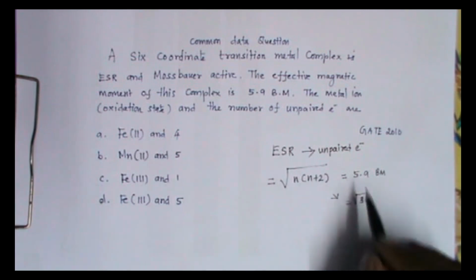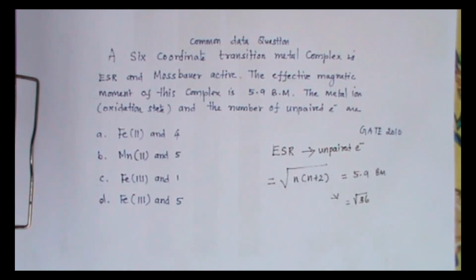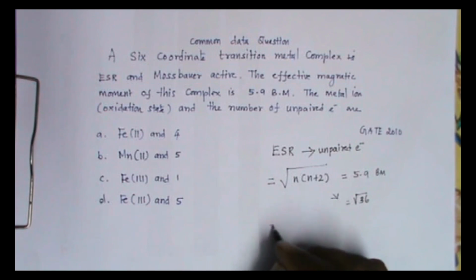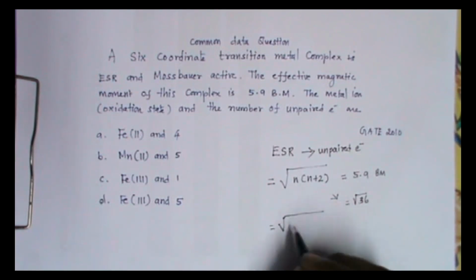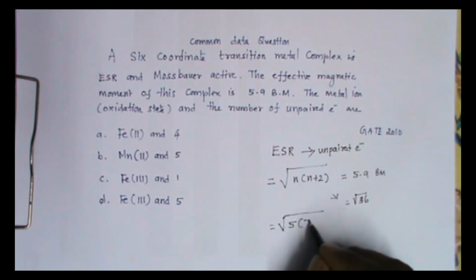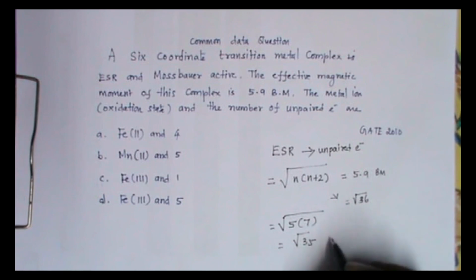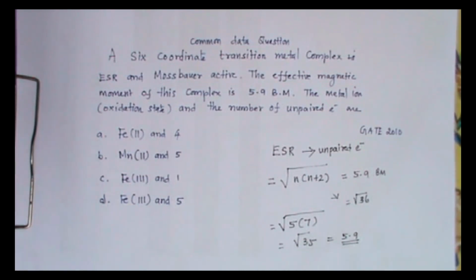When you take the square root, you will get 6. You may get 36 only when you have 5 unpaired electrons. You will get around 35. If you take the square root, it will be 5.9. So in the given complex, there are 5 unpaired electrons.